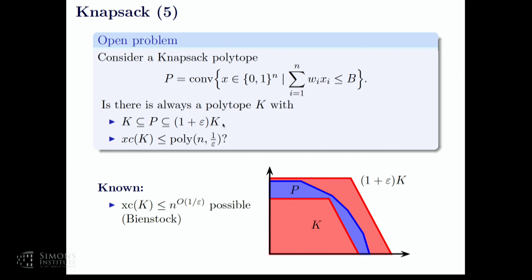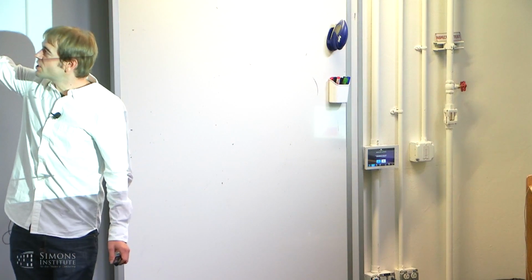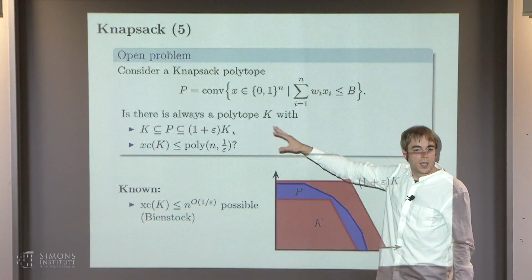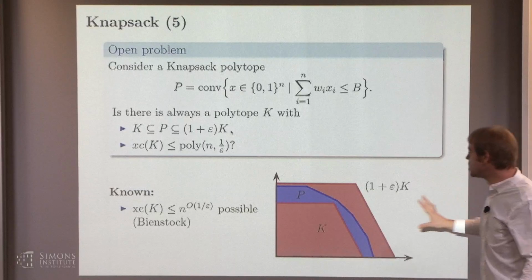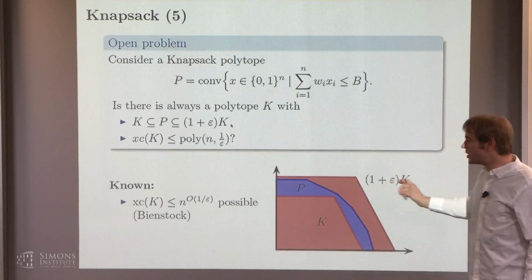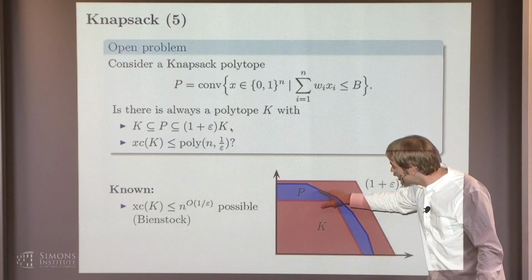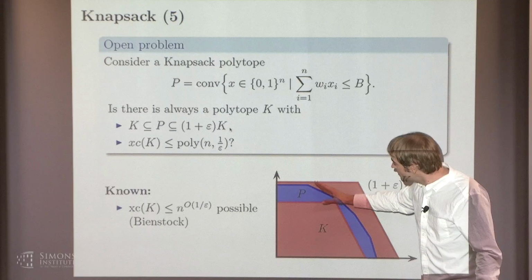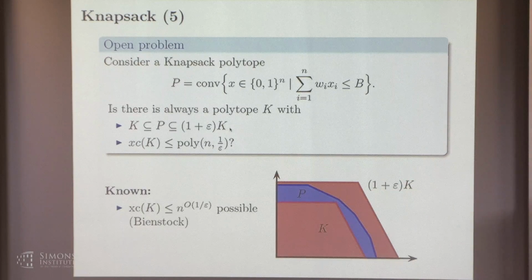And if your idea is to just round the weights a little bit and then have that compact LP that I just showed, that would not give this result, because you might get slightly infeasible solutions. You might have some solution that's just barely on the border, and if you round some weight, then suddenly this may become infeasible. Okay, so this is a nice open problem.